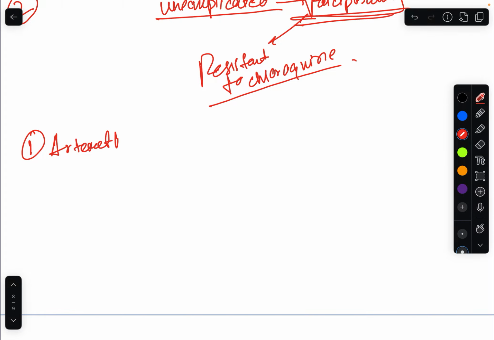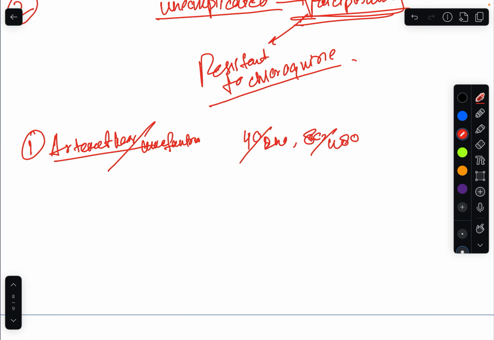For uncomplicated falciparum malaria, because it is already chloroquine resistant, artemether lumefantrine, same 40 into 240 or 80 into 480. These are TDS for 3 days, then BD for 3 days.